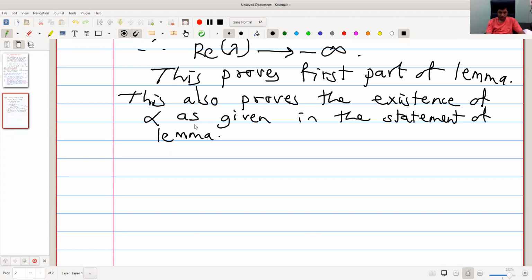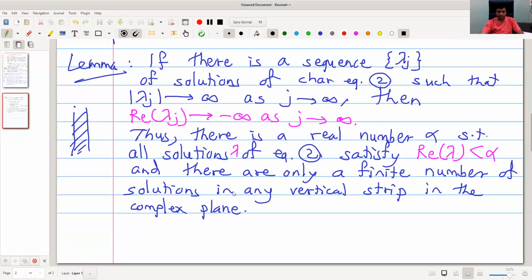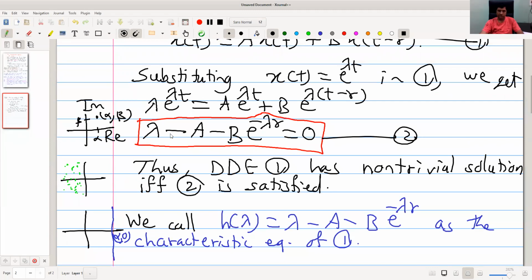This result proves our last part in this lemma, because our h of lambda is an entire function.